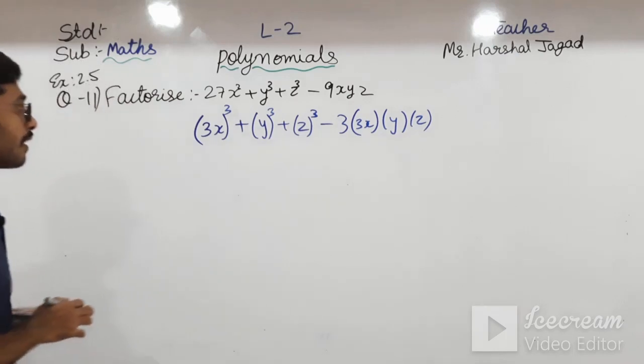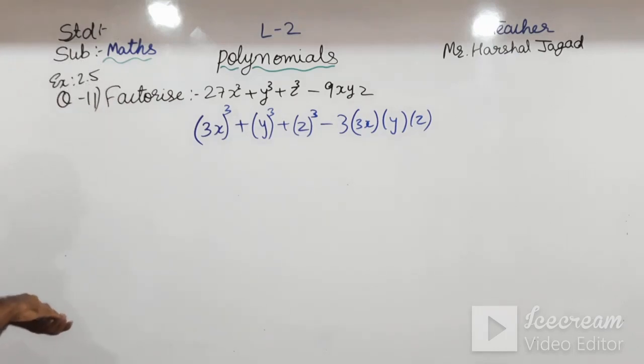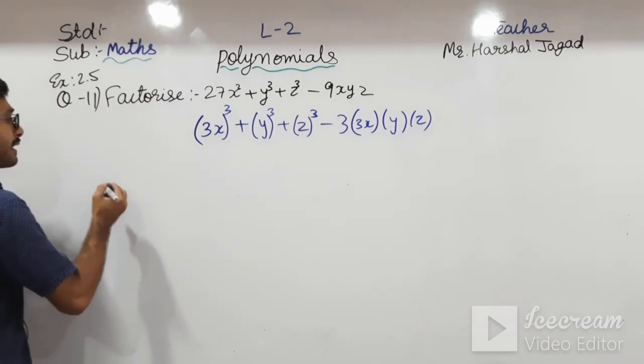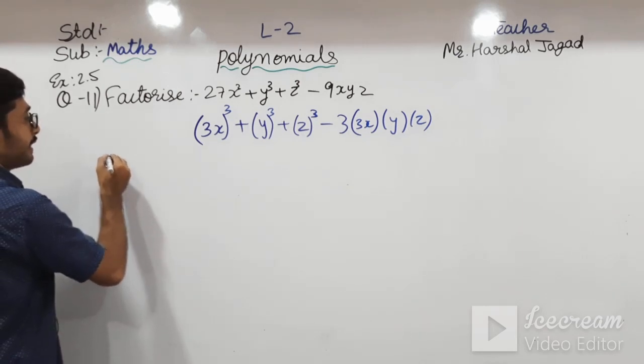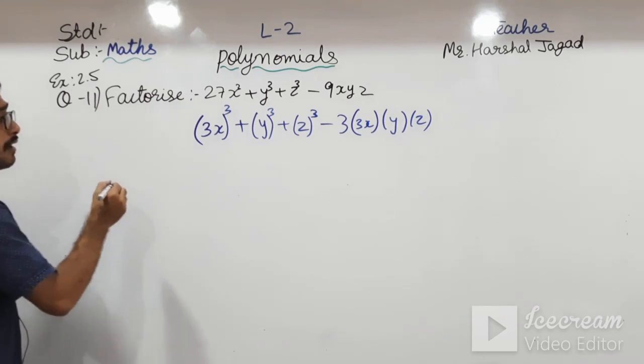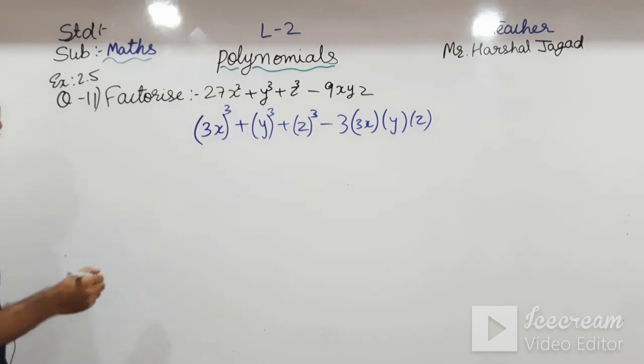Now what we will do, first of all we will write the identity number 8. So what is identity number 8, how will we write it, first of all write by yourself students.